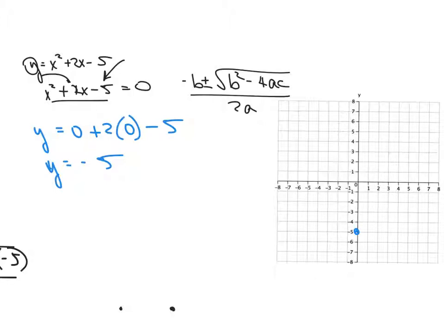Okay, so we have our -3.4 and we have our 1.4. Kind of get an idea then that this is going to look a little bit like that.